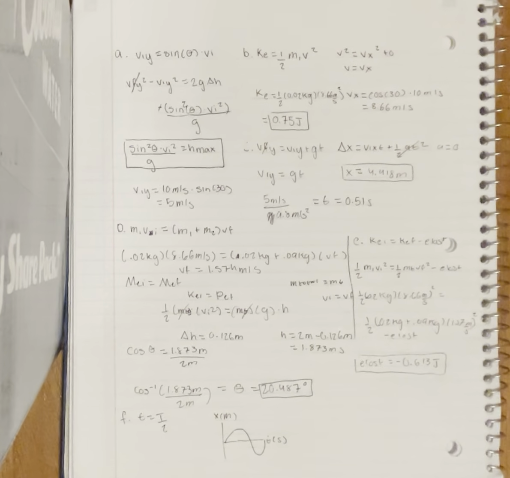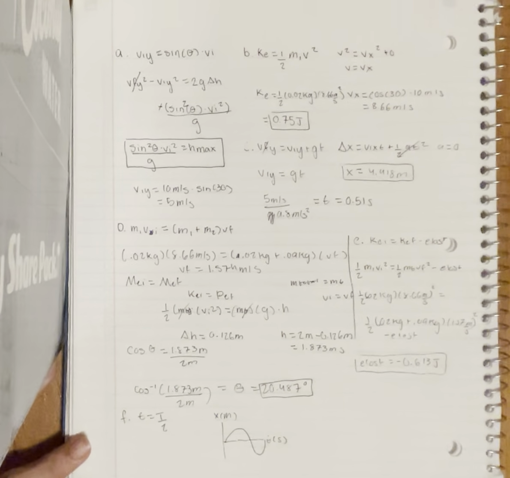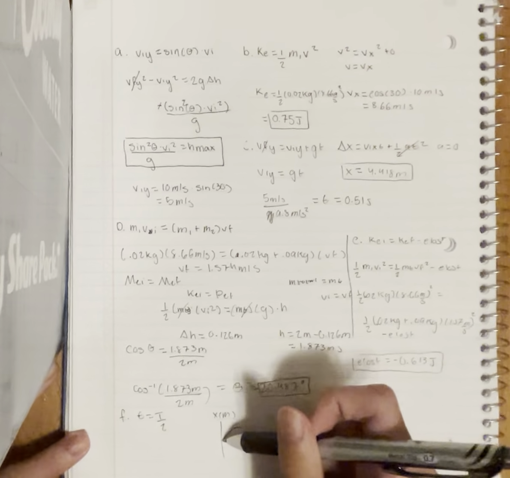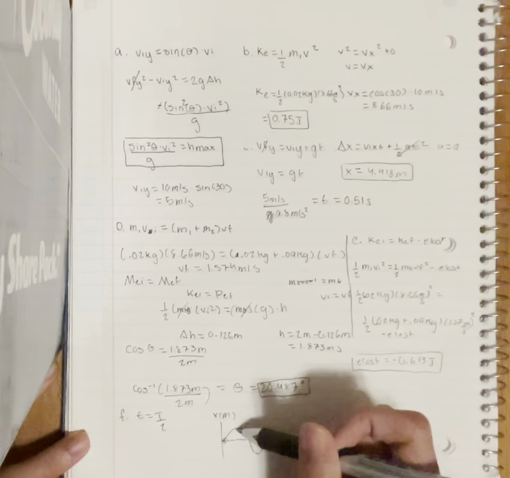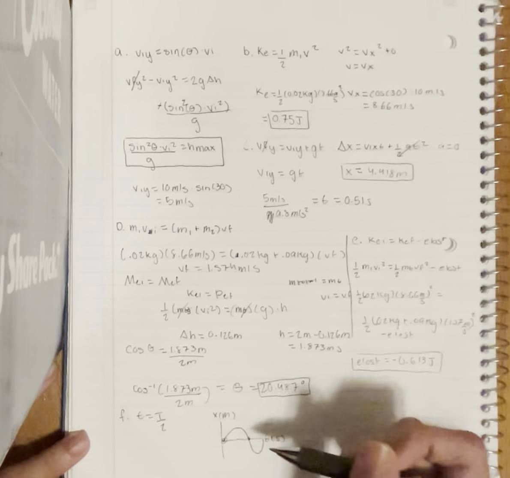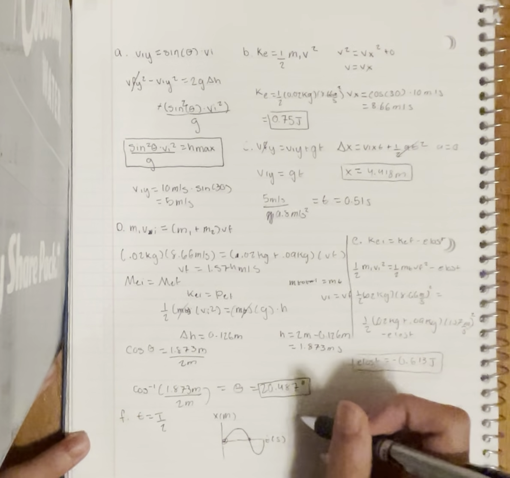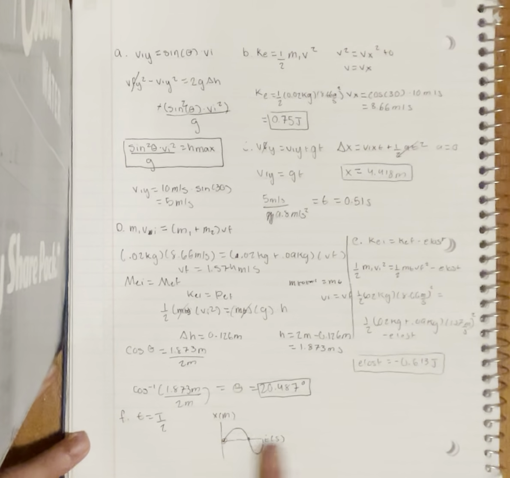We know this because one period is this whole thing, but since it starts at 0, it only comes to the amplitude and back to 0. So that's only T over 2. This is only T over 2.